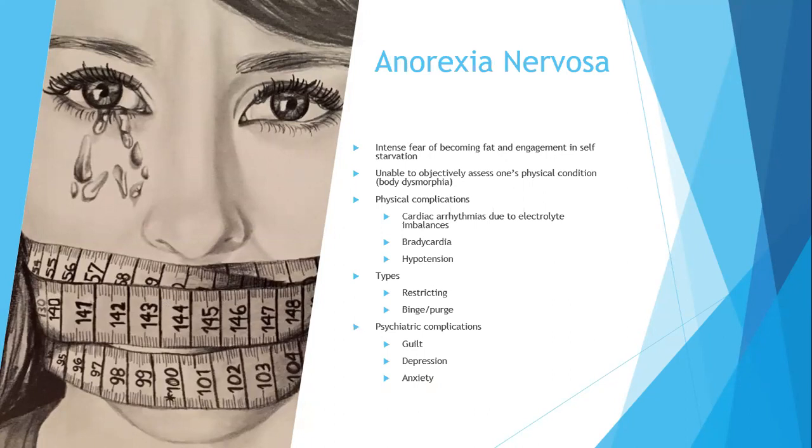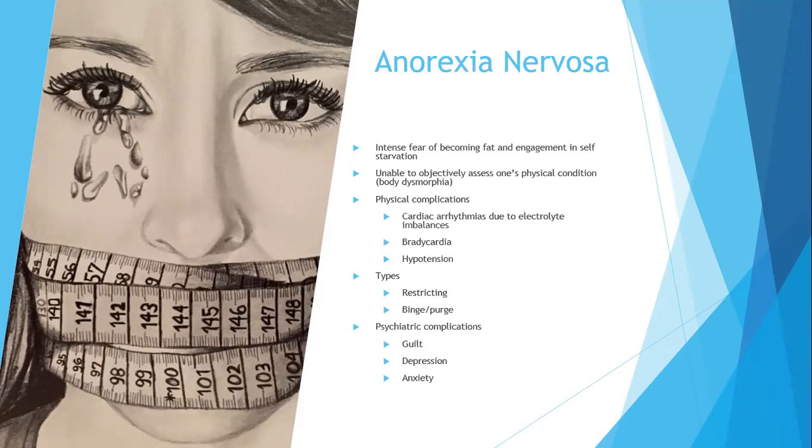The physical complications of anorexia nervosa include cardiac issues and hypotension. Because of electrolyte imbalances, when potassium gets too high or too low, you can develop cardiac arrhythmias. And typically if people die from anorexia nervosa, that is the thing that gets them, those cardiac arrhythmias. It can cause bradycardia, which is a low heart rate, and hypotension, which is low blood pressure.